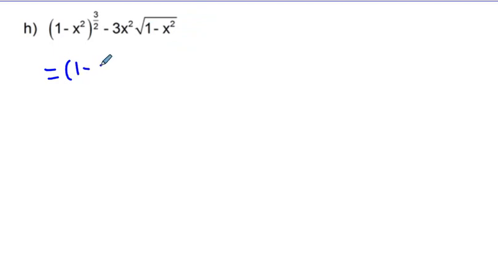So we have 1 minus x squared to the 3/2 minus 3x squared, and this square root of 1 minus x squared is 1 minus x squared to the 1/2 power. And so now we have something we can work with.